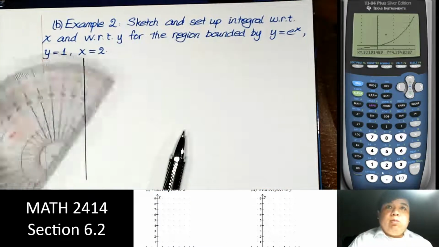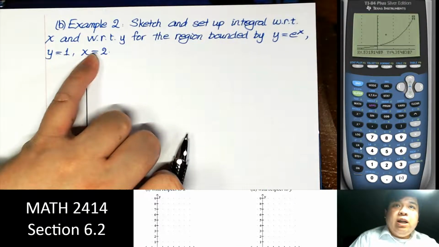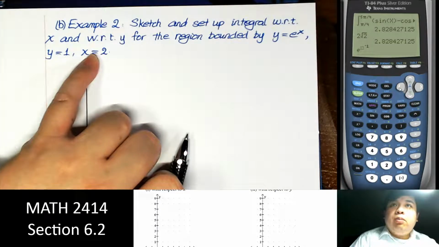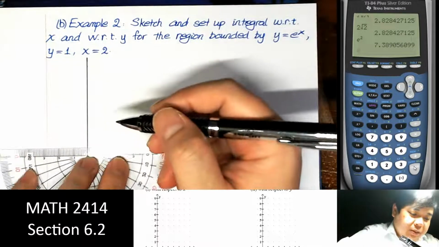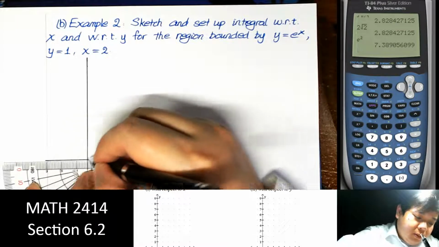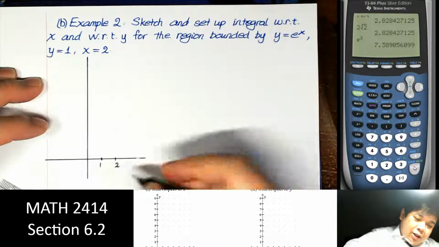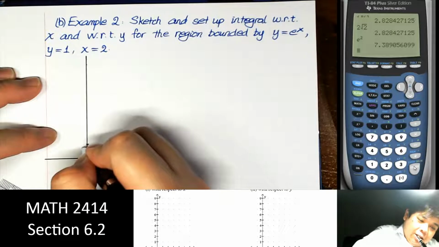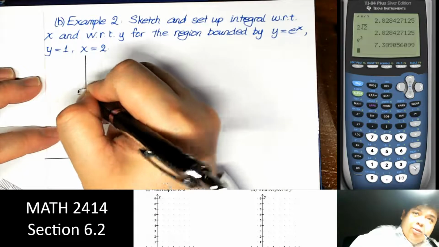By the way, let's find out real quick. We have e to the x. When x equals 2, we have e squared. E squared is about 7.3.